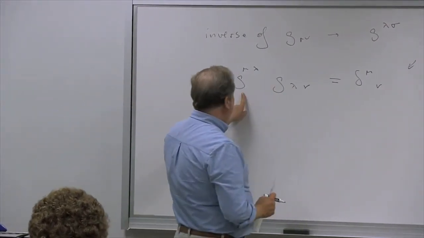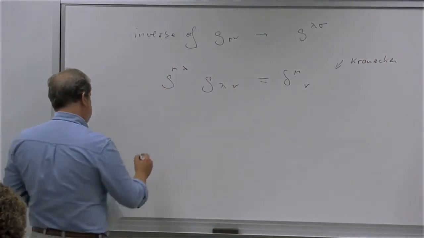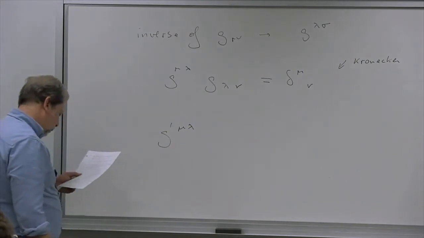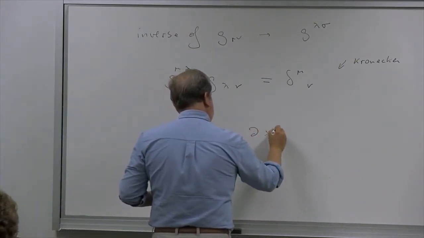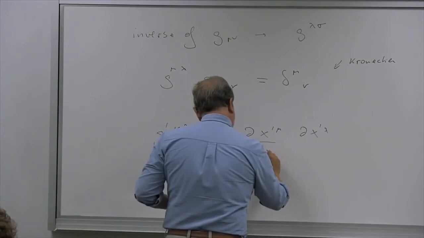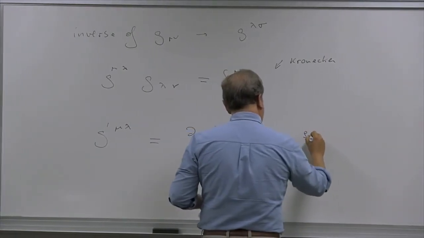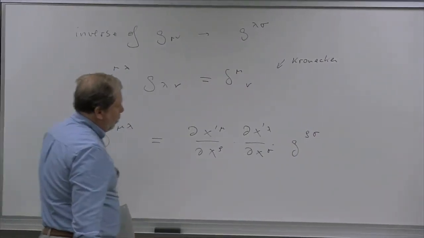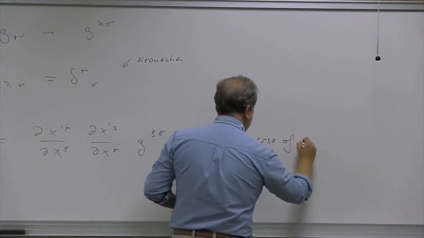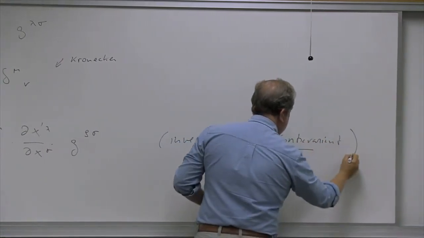So you can in fact now do the transformation for this one, and it works out if you have that g prime mu lambda is equal to dx prime mu and dx prime lambda by dx rho and dx sigma times g rho sigma, which says that the inverse of g is contravariant.